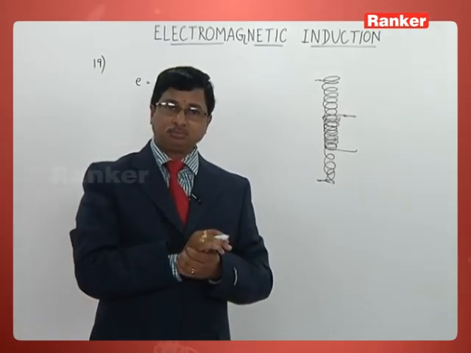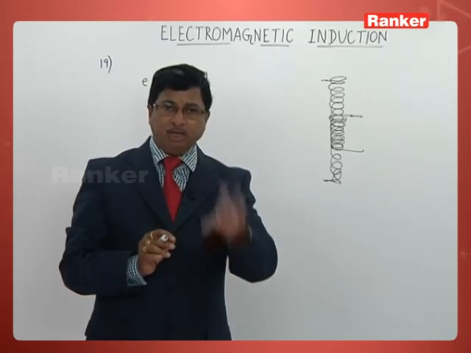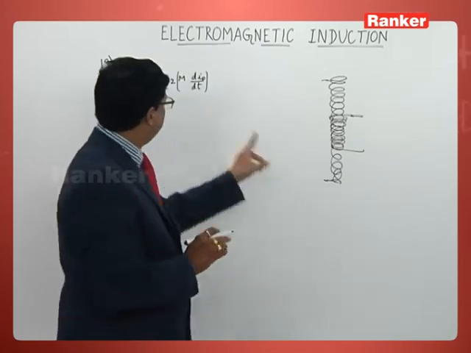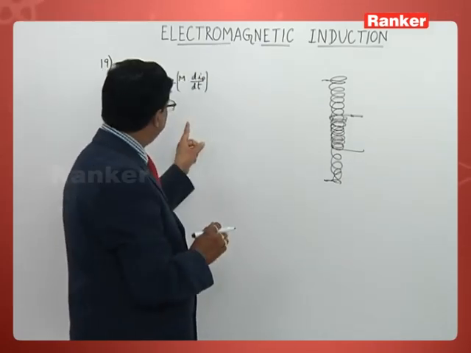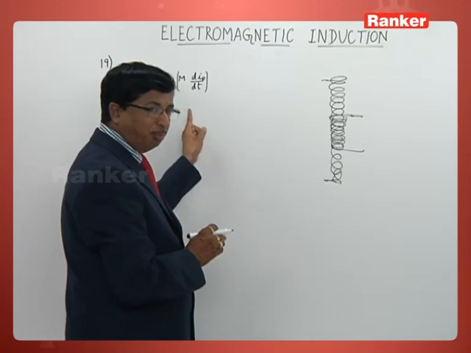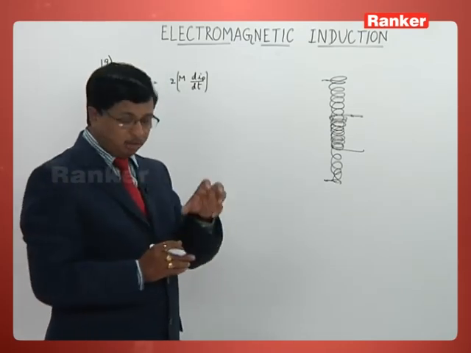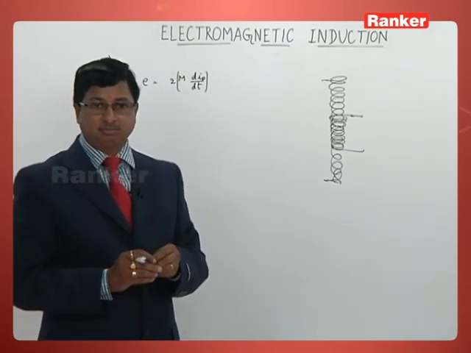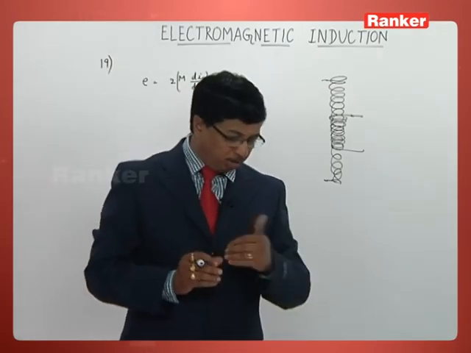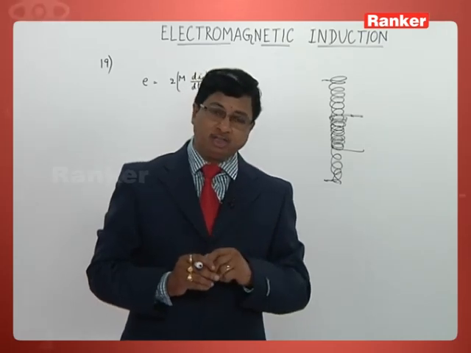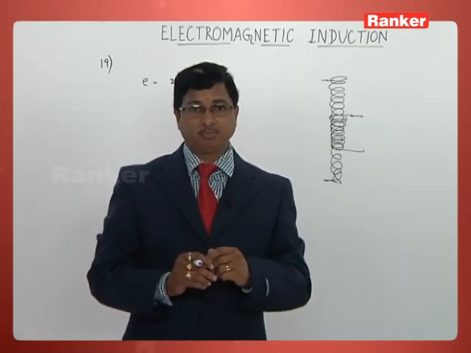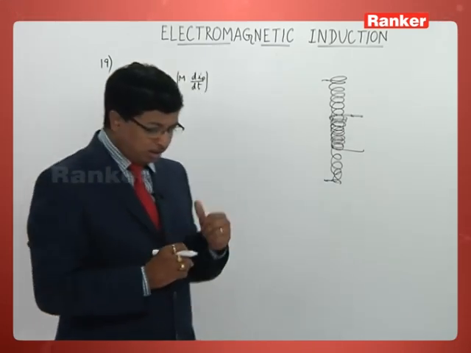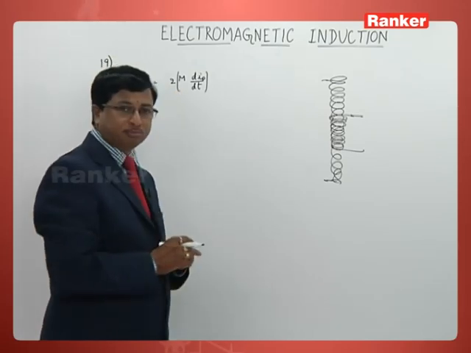So basic formula for working out this particular problem is this: twice M into dIP by dt. IP, that stands for the primary value of current. The variation in primary value of current will be getting there. That is the concept. Now the next step, how can we directly get the value of M?